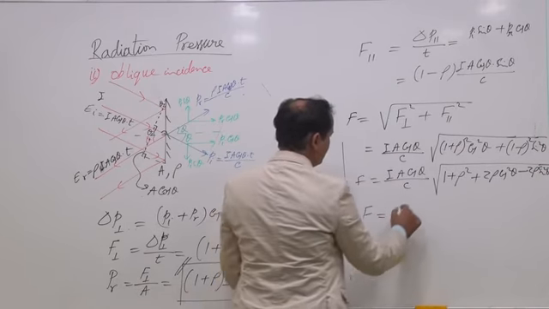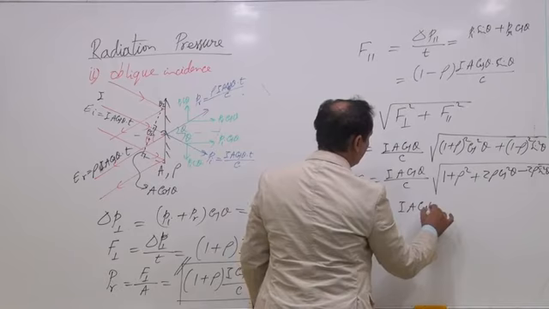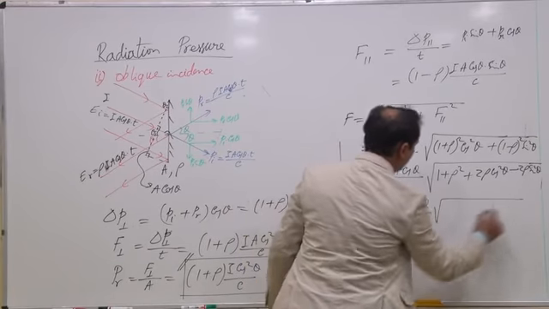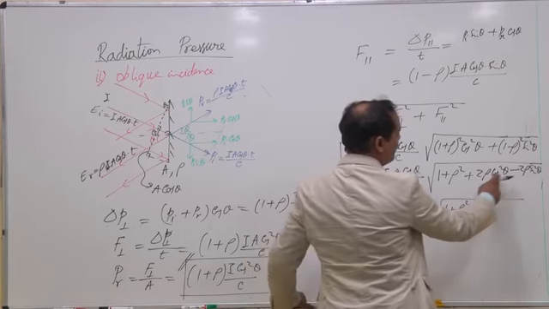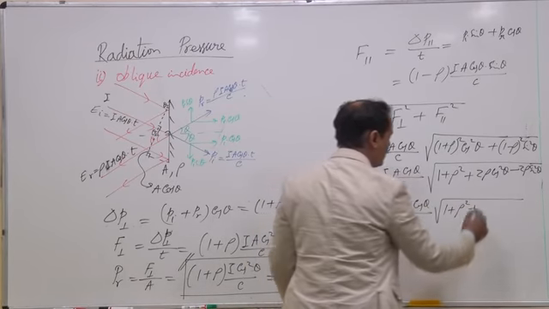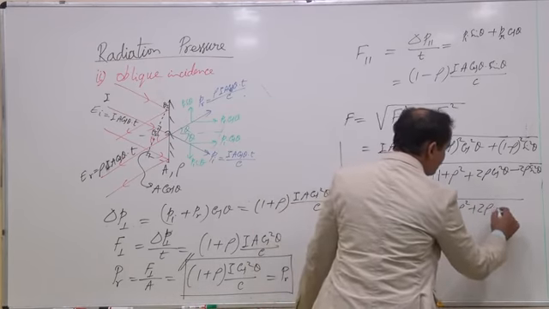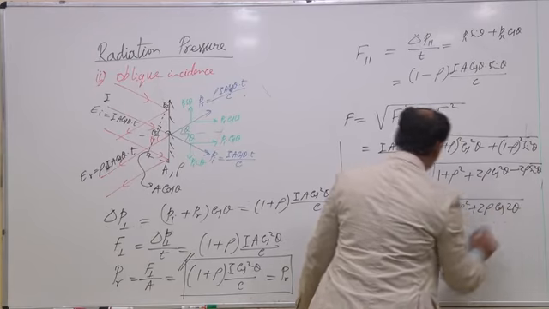So F is equal to Ia cos theta upon C under root 1 plus rho square plus 2 rho is common, cos square theta minus sin square theta can be written as 2 rho cos 2 theta.